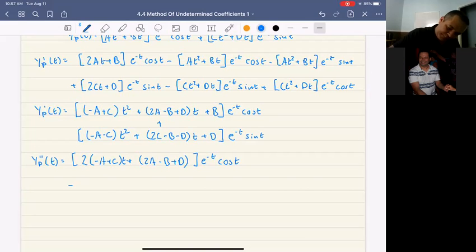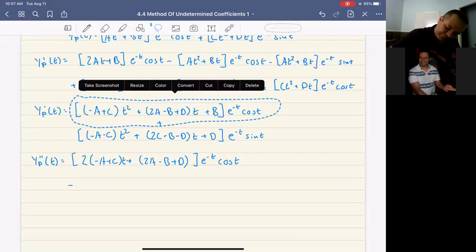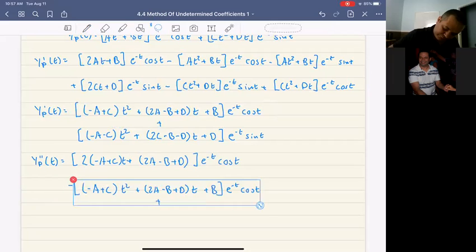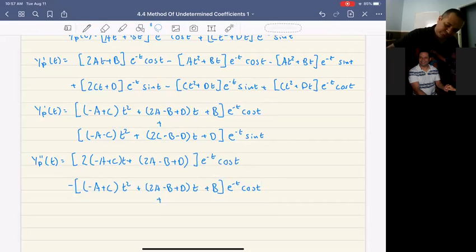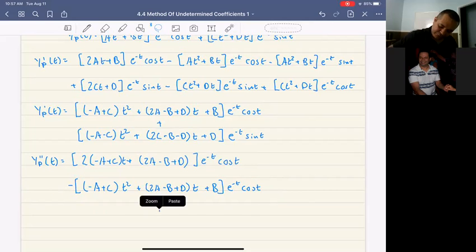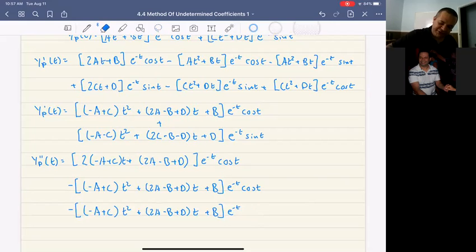Minus this whole mess. Okay, that's from the e to the negative t. Then minus it again, but this time the cosine changes to sine.